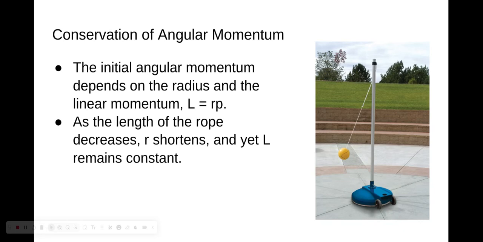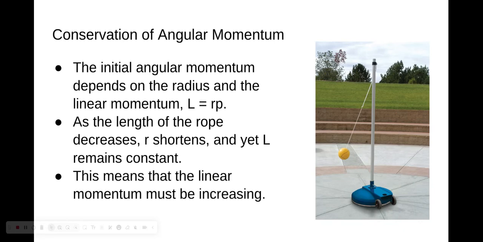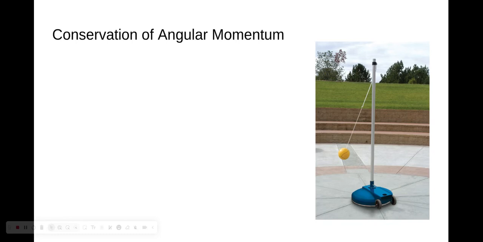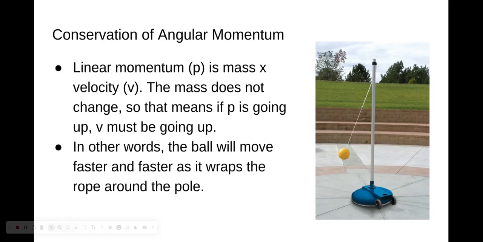Now, linear momentum is a product of mass times velocity, and the mass stays the same. So that means the velocity must be increasing. So as the ball gets closer and closer to the pole, it moves faster and faster and faster as a consequence of the conservation of angular momentum. The slide basically just repeats what I just said.